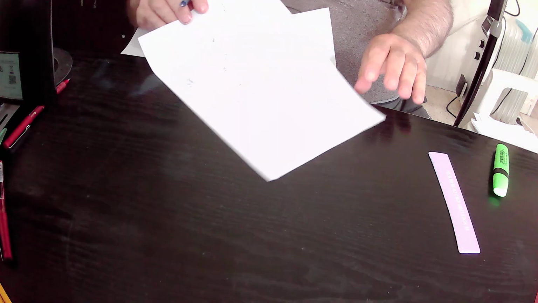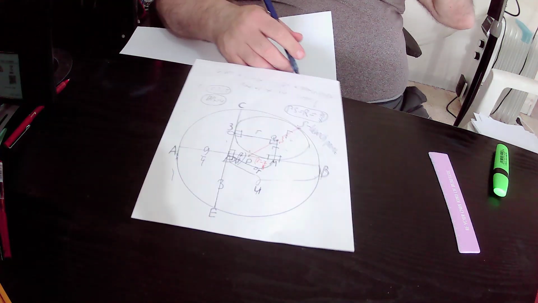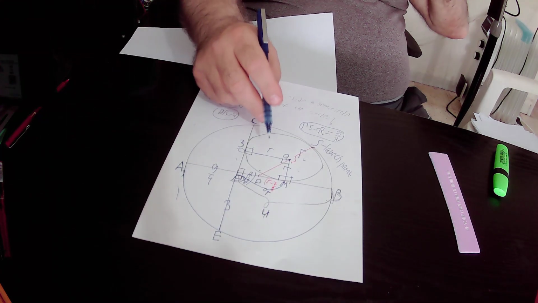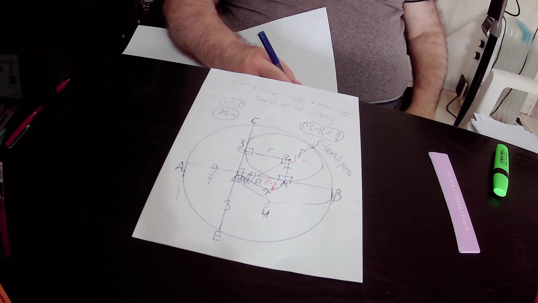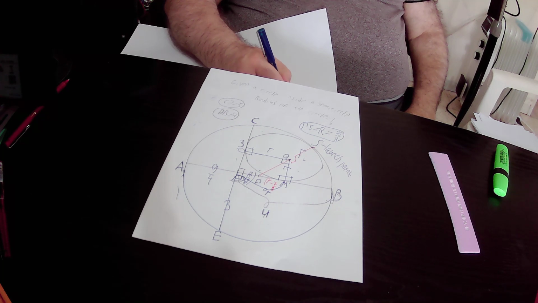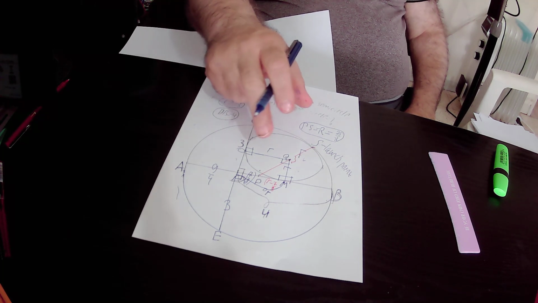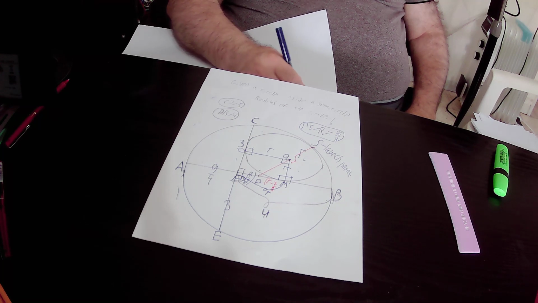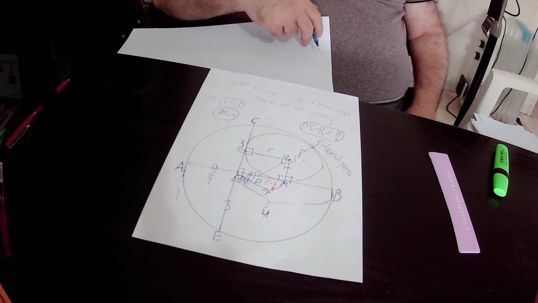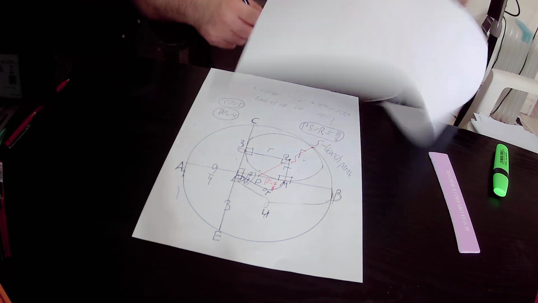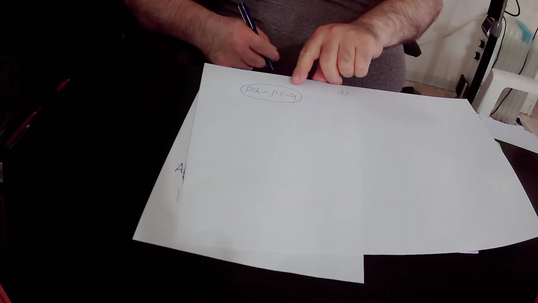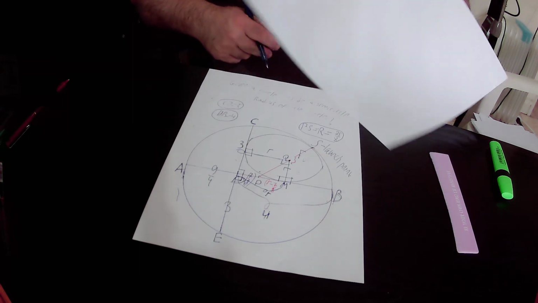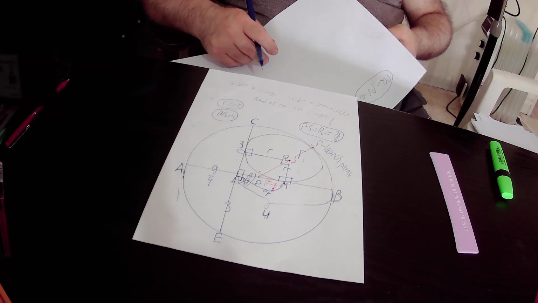From the drawing itself, it is very easy to see that the length of line segment PQ is equal to PS minus QS. Again, PQ equals PS minus QS.